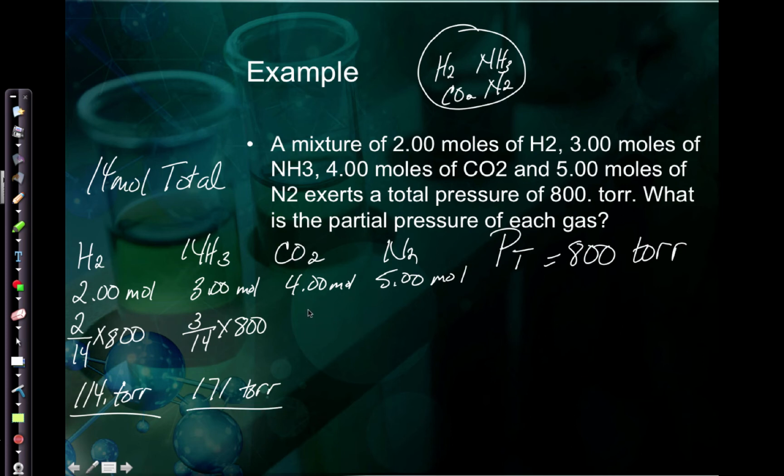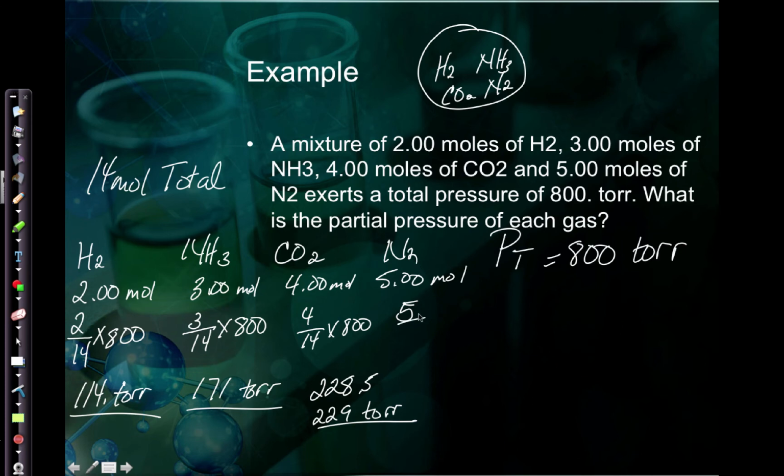All right, so now let's do it for carbon dioxide. Moles of carbon dioxide divided by the total moles times the total pressure. So it's 4 divided by 14 times 800. That's going to give me 228.5. So really that's going to be 229 torr. I'm rounding to sig figs here. All right, so now do the same thing for nitrogen.